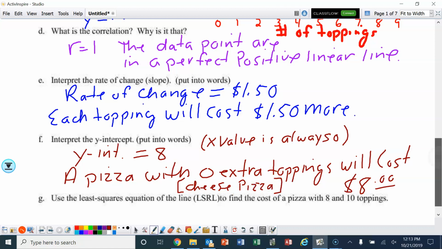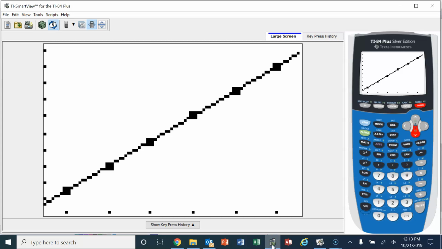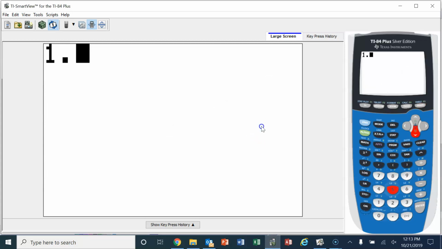All right. Now, using the least squares regression line, let's find the cost of pizza with 8 and 10 toppings. So again, I'm going to be using my y hat is $1.50 times 8 plus 8. All right, type that into the calculator. I'll just do this one time. So I've got $1.50 times 8 plus 8.